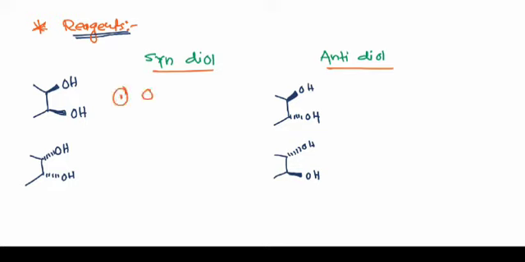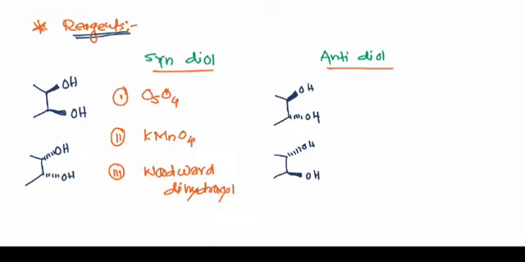The first reagent is osmium tetroxide. The second reagent is potassium permanganate in alkali. And the third reagent for syn diol is the Woodward syn dihydroxylation.